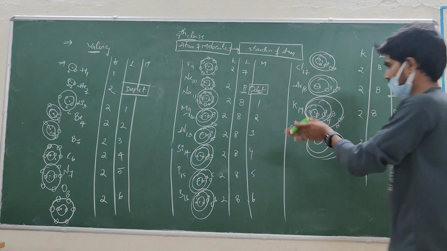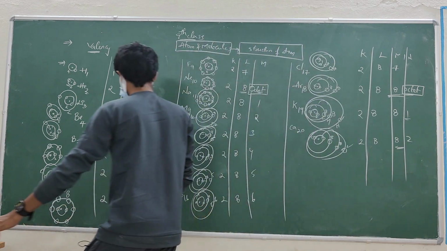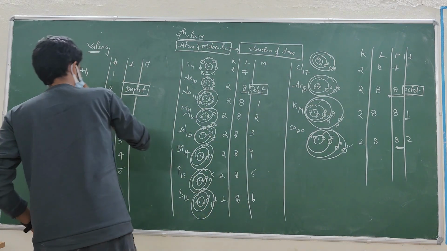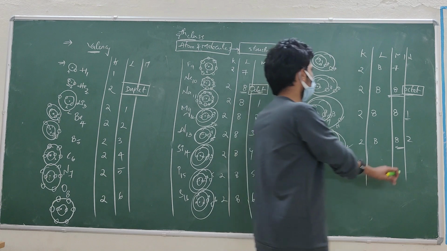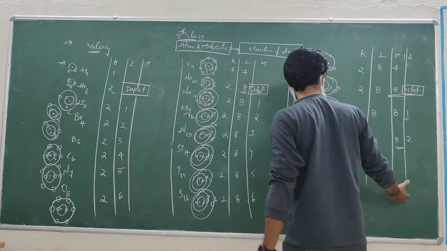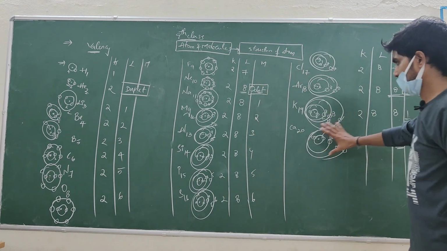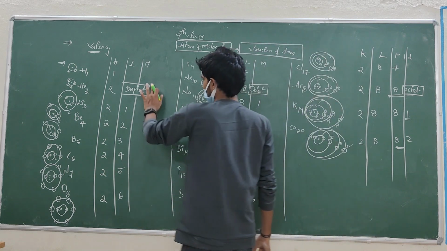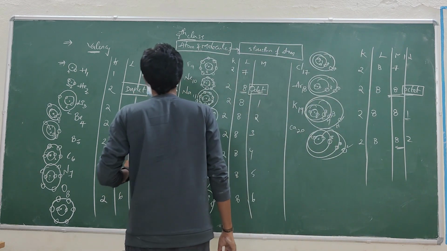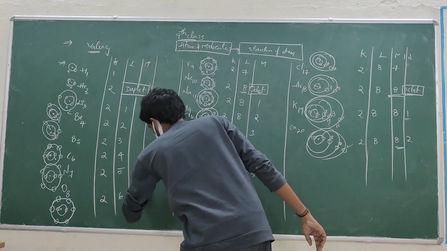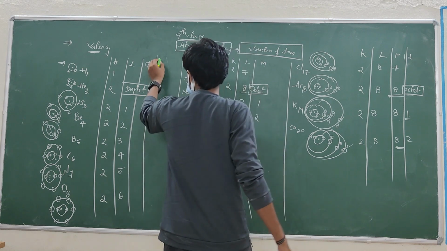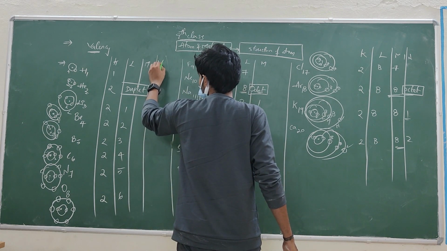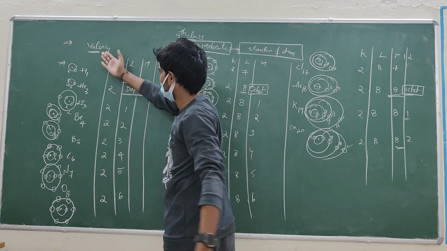So these were the normal situations where we easily fill the K, L, M, and N shells. Up to 20, this rule is easily finished.